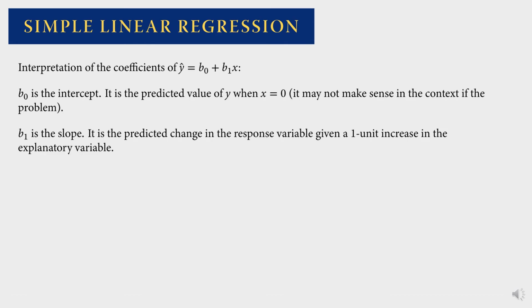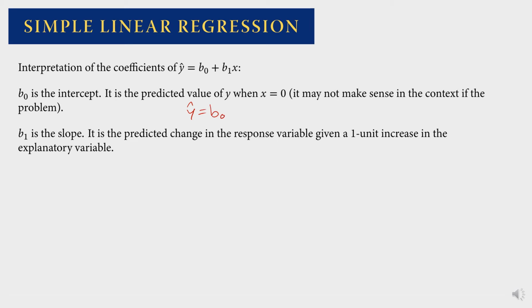The regression equation tells you the mean value of y for a given x. We also refer to this as the expected value given x. It's the value we predict for y given some value of x. The y-intercept is the value when x equals 0. When that happens, we have y hat equals b0.